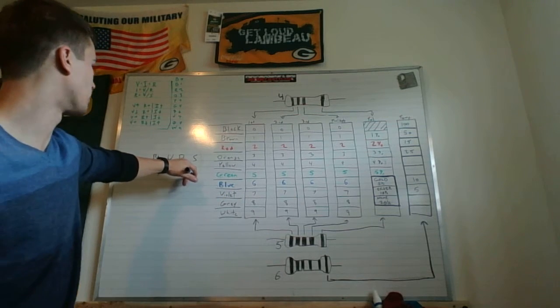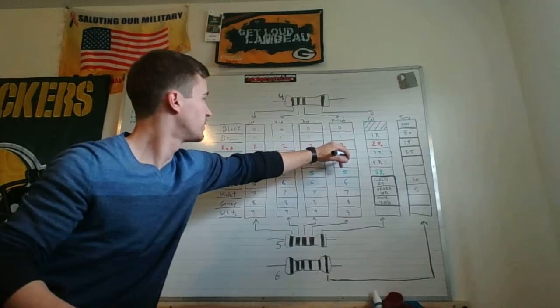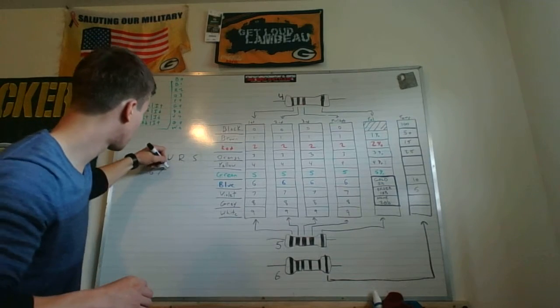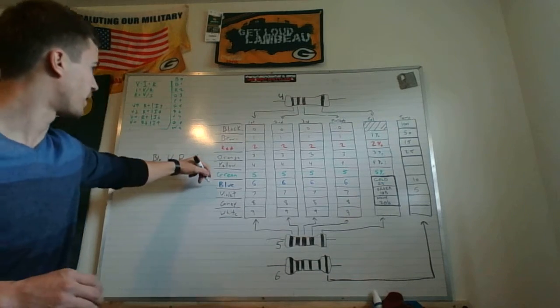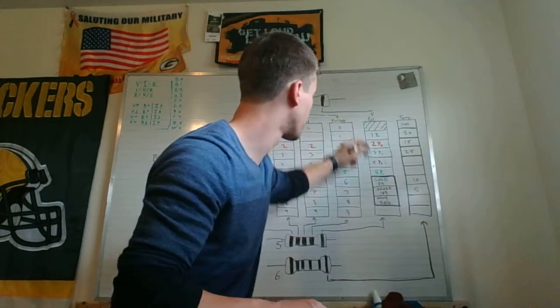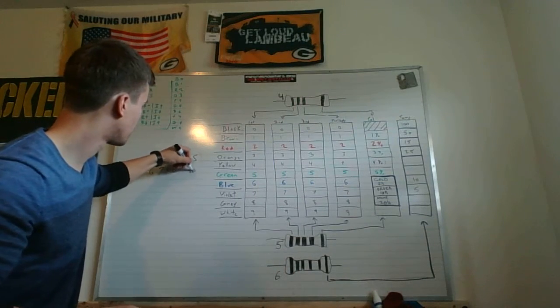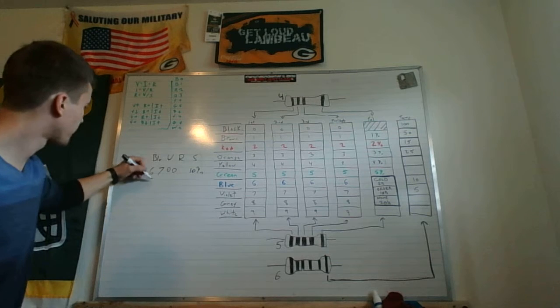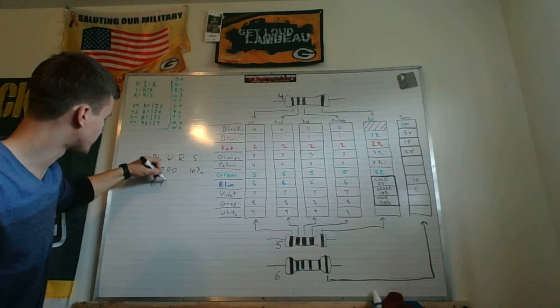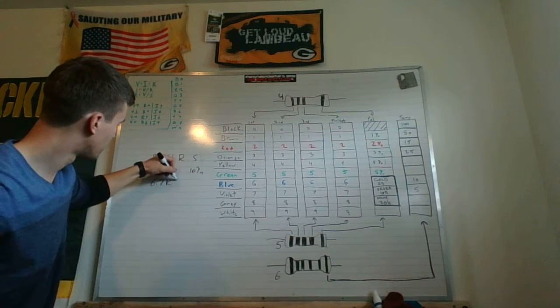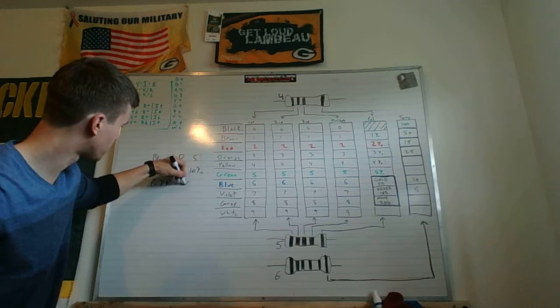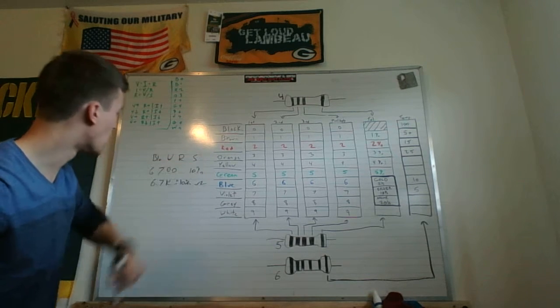Third color is a multiplier, which is a 2. So put on 2 zeros at the end of it. 1, 2. And then fourth is your tolerance. Silver, 10% tolerance. So that will be a 6.7K ohm resistor, plus or minus 10%.